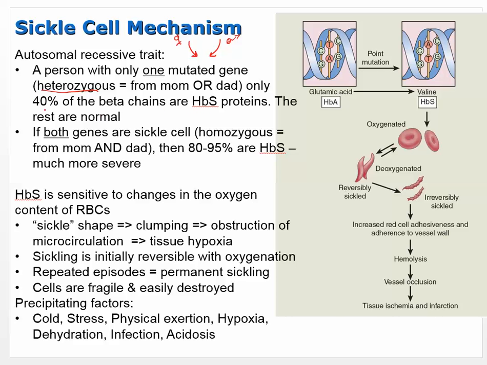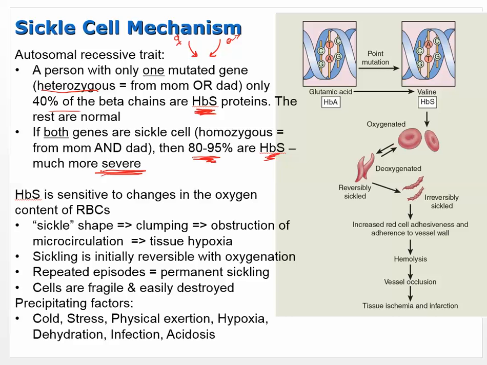So only about 40% of the beta chains are HbS, which means sickle cell. The rest are normal, or you may even see more fetal. But if both genes are sickle cell, then 80 to 95% are HbS, and this is the severe form.